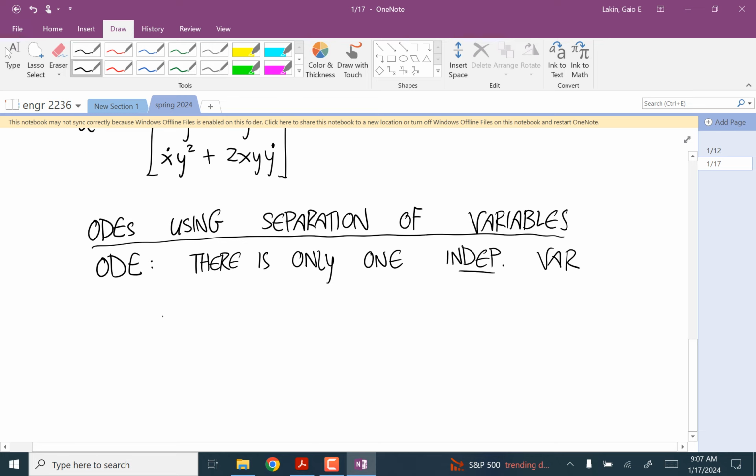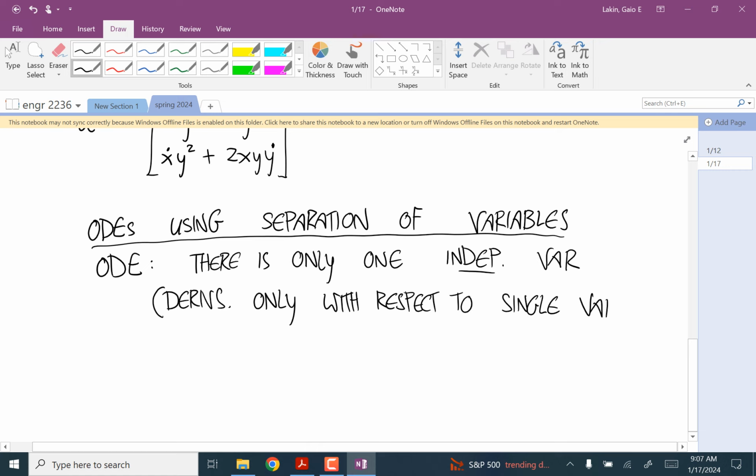Another way to think of that is that the derivatives are only with respect to a single variable. And that means that there are no partial derivatives.